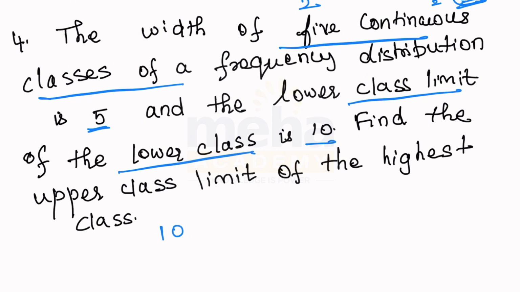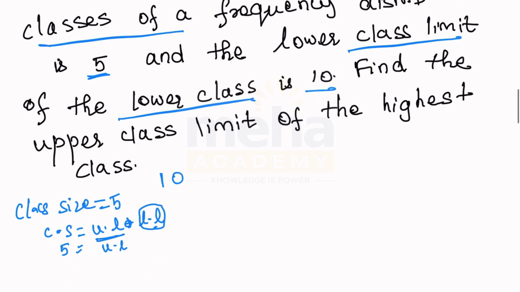We know class size is equal to upper limit minus lower limit. I know the class size is 5 and the lower limit is 10, so the upper limit is equal to 5 plus 10, that would be 15.